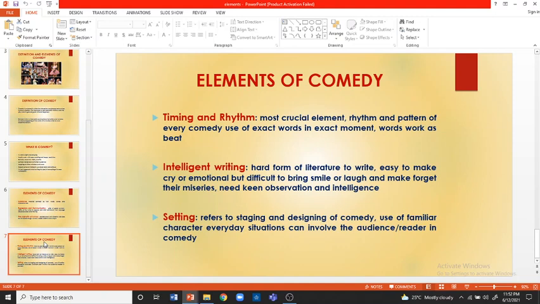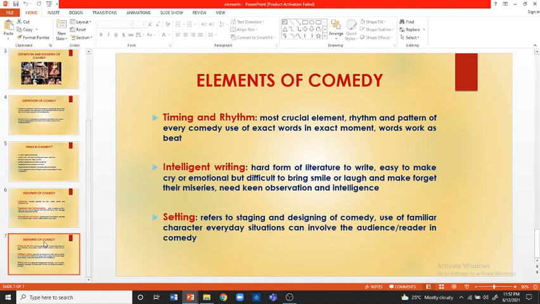Words in comedy work as a beat, and if a writer misses the beat, the comedy loses its impact.